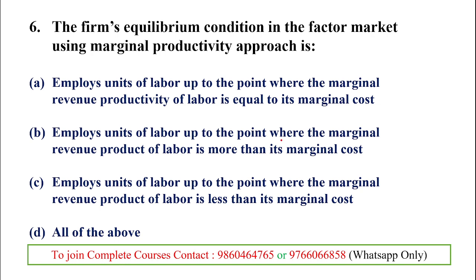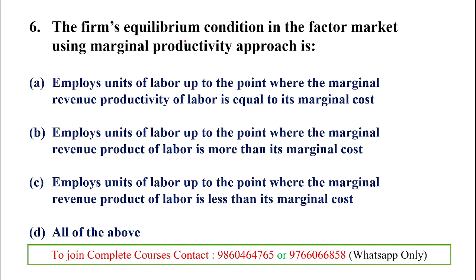The second: MR is more than MC, or marginal revenue is greater than marginal cost. The third: marginal revenue of the particular labor is less than the marginal cost. And all of the above is the last option.